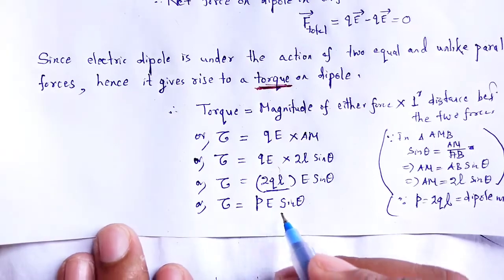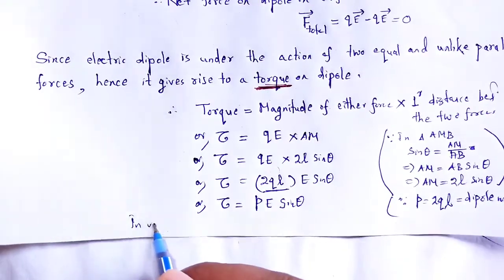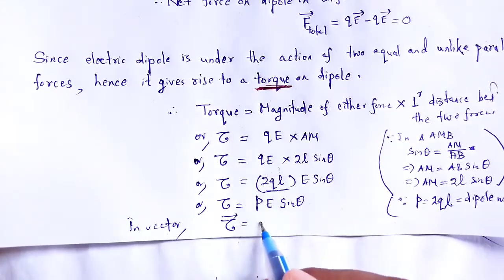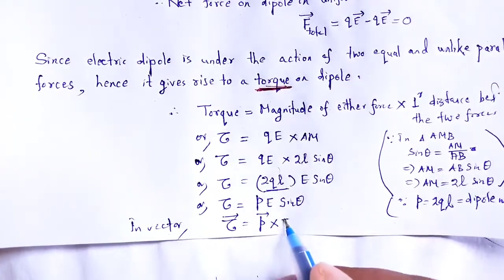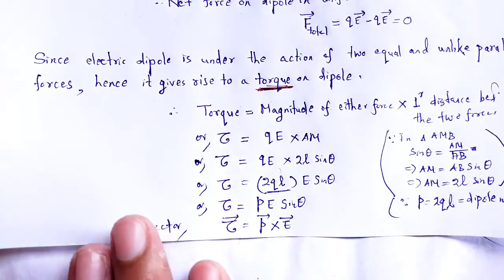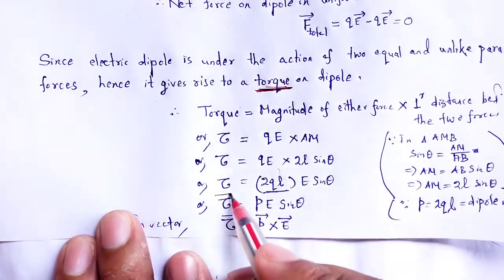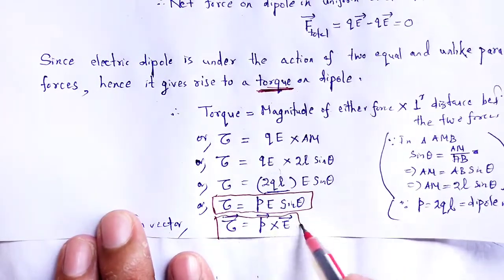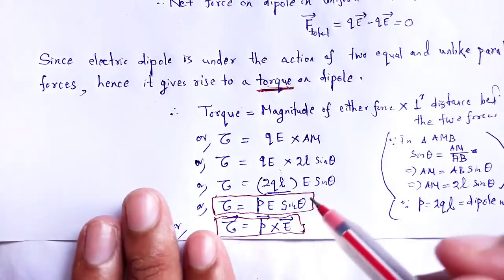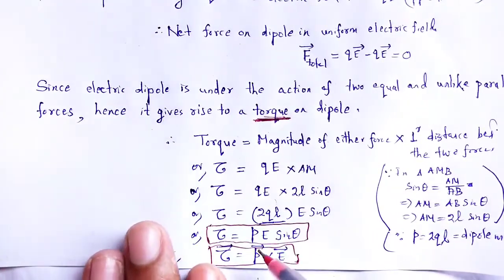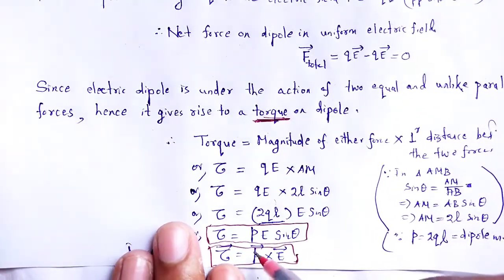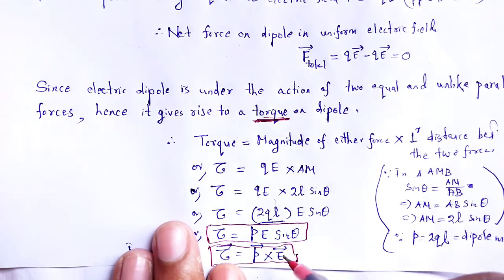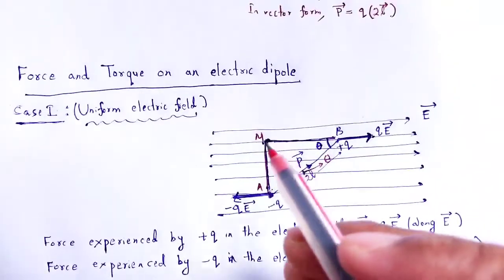Here in vector form, tau is equal to P cross E. When an electric dipole is placed in a uniform electric field, it experiences a torque, and the torque will be P cross E, where P is the electric dipole moment and E is the electric field intensity.